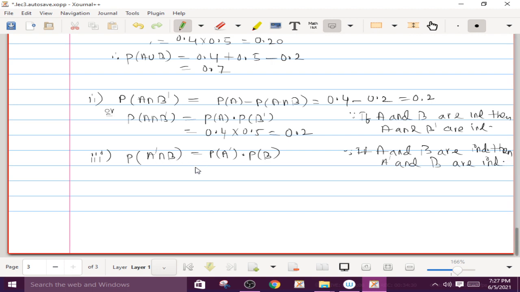So probability of A is 0.4, therefore probability of A complement is 0.6, probability of B is 0.5, so the answer is 0.30, that is 0.3. Okay, next one, last one.